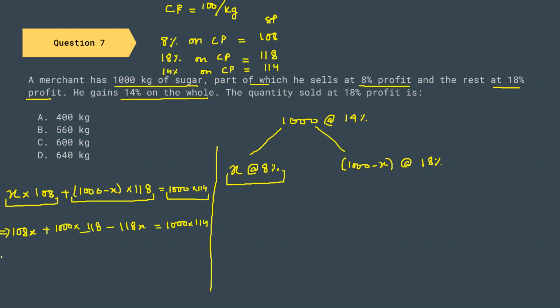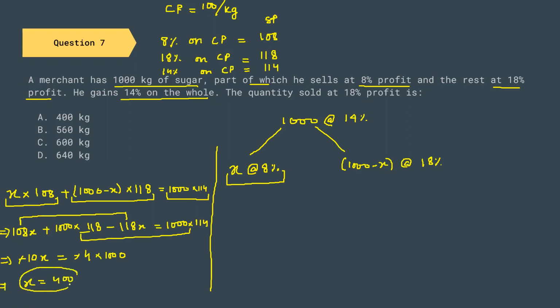So 108 minus 118 will be minus 10x, and this will be minus 4 into 1000. Minus minus will be cancelled from both sides, so X will be equal to 400. So the quantity sold at 18% profit will be 600 kgs.